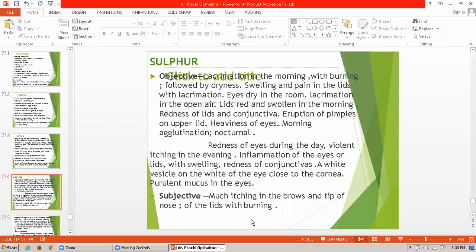Sulfur is a chronic, deep acting antipsoric remedy, useful in diseases of the eye when the patient shows, objectively, lacrimation in the morning with burning followed by dryness. There is swelling and pain in the lid with lacrimation. Eyes are dry in the room and lacrimation in open air.